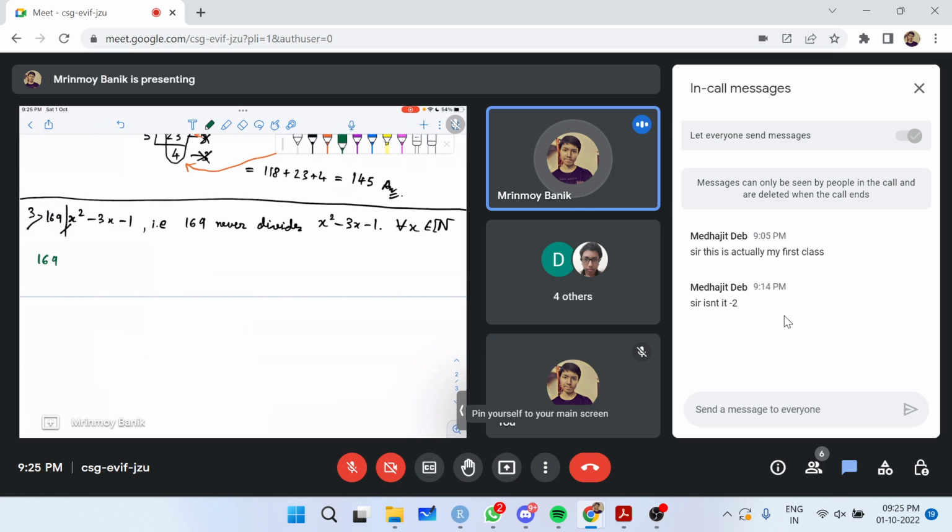So first observe that 169 is 13 squared. So of course we have to find a multiple of 13 and then two factors which are exactly 13 apart.